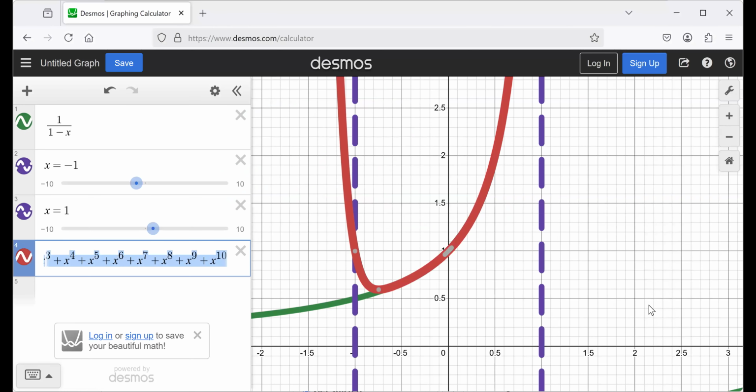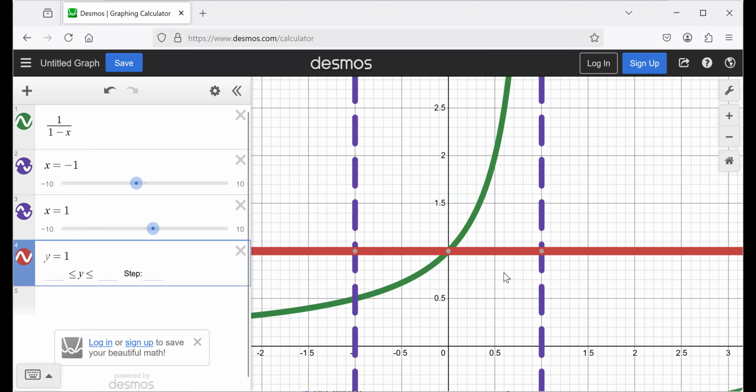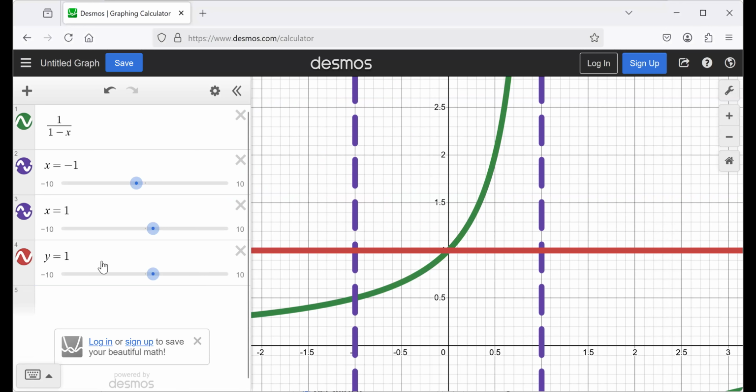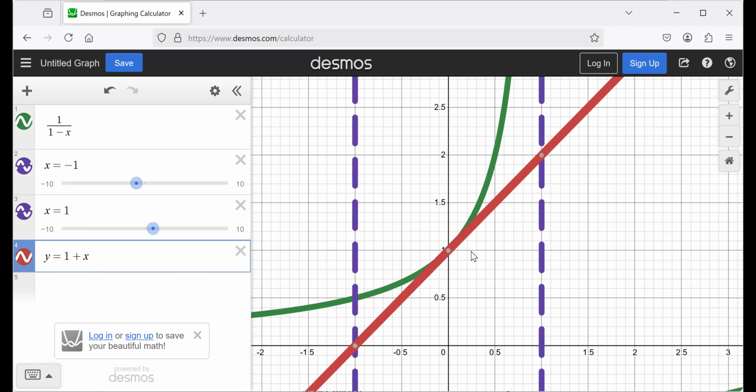And going back to this, here's y equals 1, which looks kind of like nothing, but here's 1 plus x. Here's the center, here's 0, and you see that this approximation is good on a little interval here around the center.